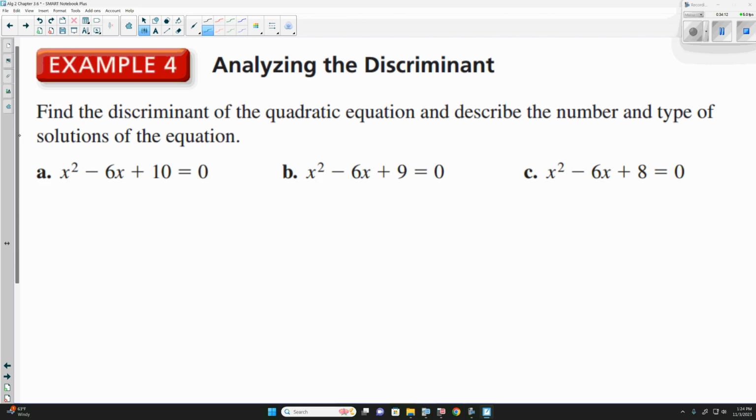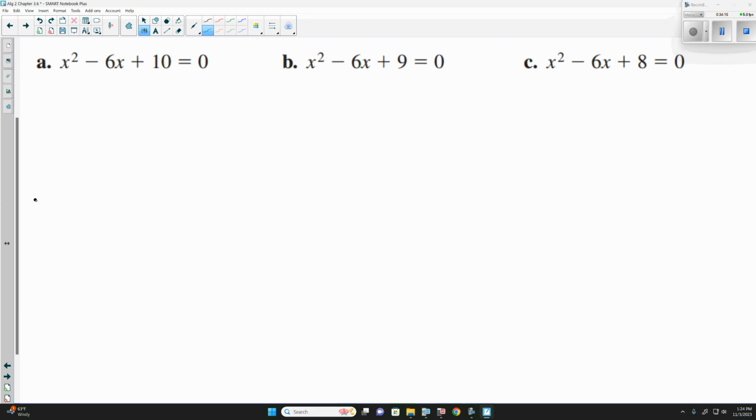So if we look at this first one here, x squared minus 6x plus 10. A, B, and C. Well, A in our case is 1, B is negative 6, and C is 10. So we want to see what b squared minus 4ac is.